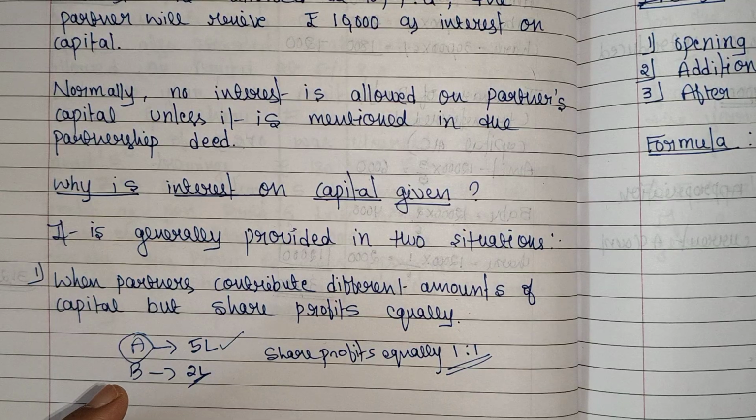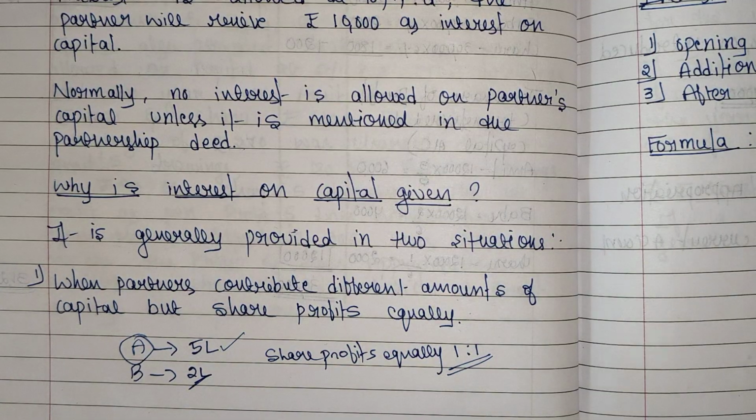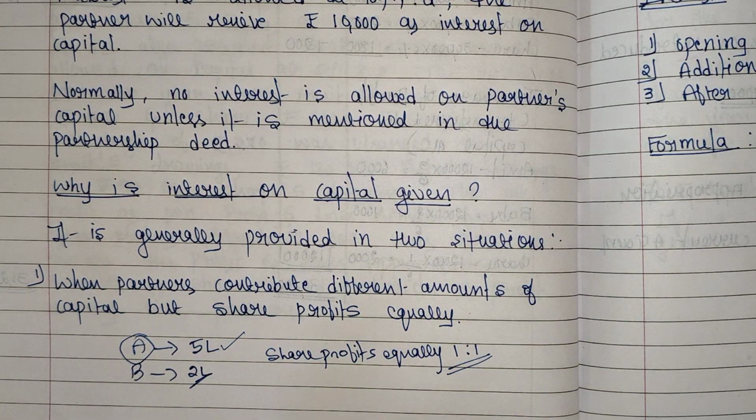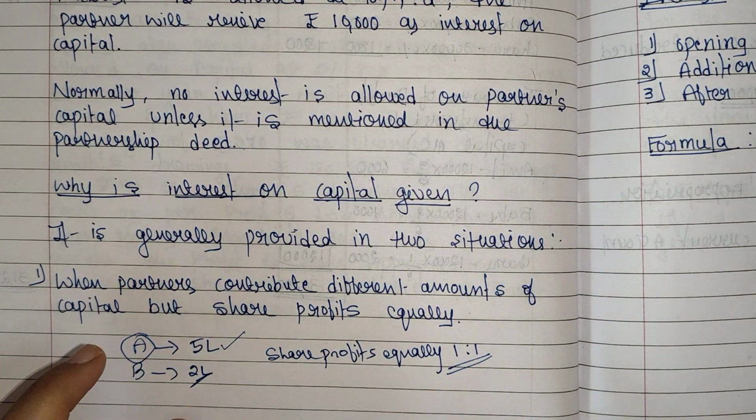Clear? Because A invests more, his expenses are more. This becomes the income to A, and this helps in giving a fair return to the partners based on the amount invested by them.